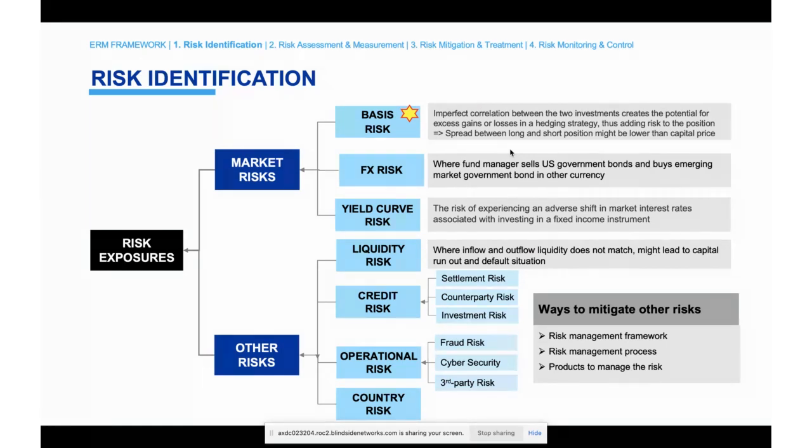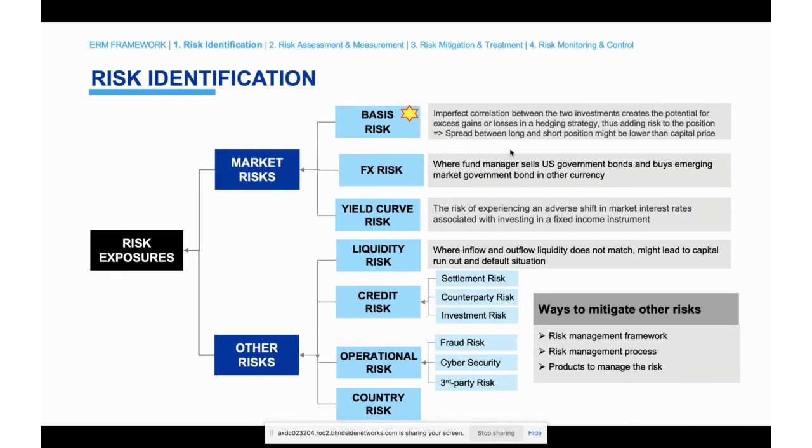Basis risk is the imperfect correlation between two investments, which creates excess gain or excess loss in a hedging strategy. If the spread between your long and short position is lower than your expectation, it will cause a loss.